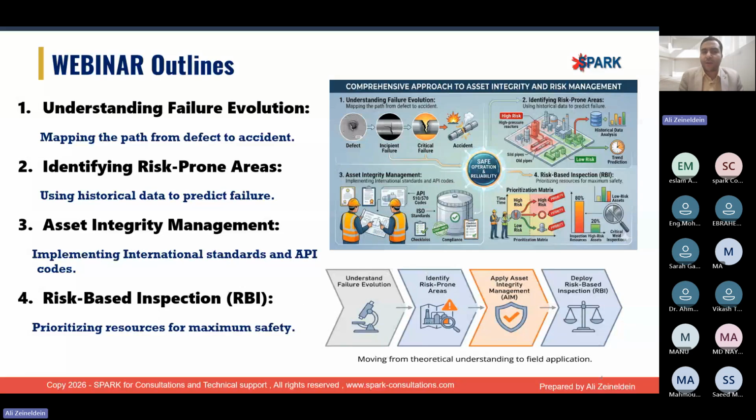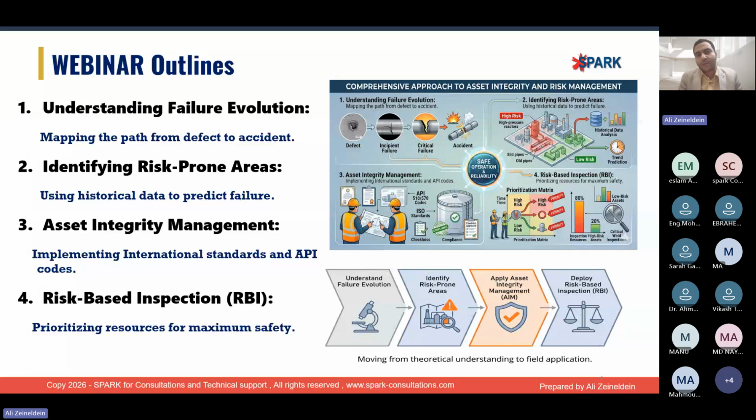Then we are talking about identifying risk-prone areas, meaning the high risk areas in the facilities and the high risk areas in each individual piece of equipment. Then we will talk generally about asset integrity management, focusing on inspection and implementation of international standards, ABI codes and standards.